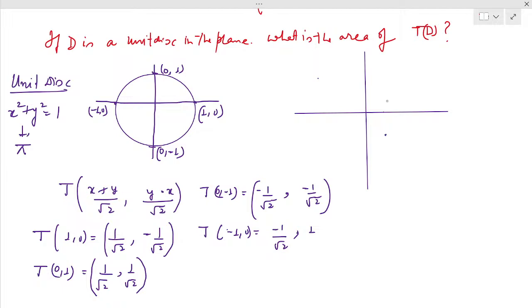And this would be 1/root 2, 1/root 2, which would lie here only. So this is how it is going to transform.